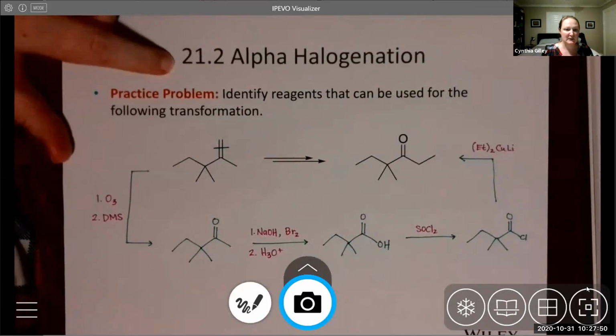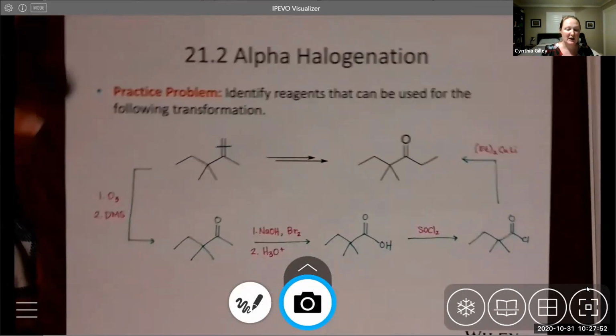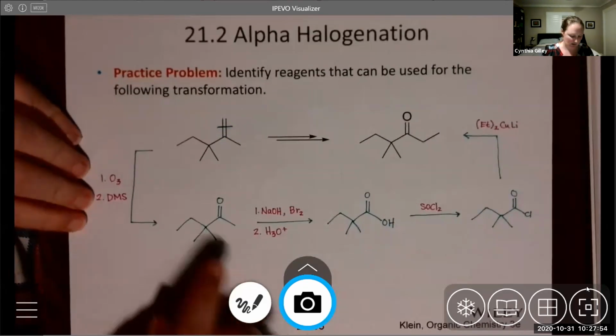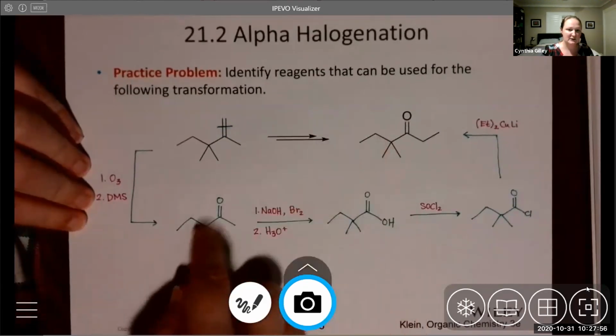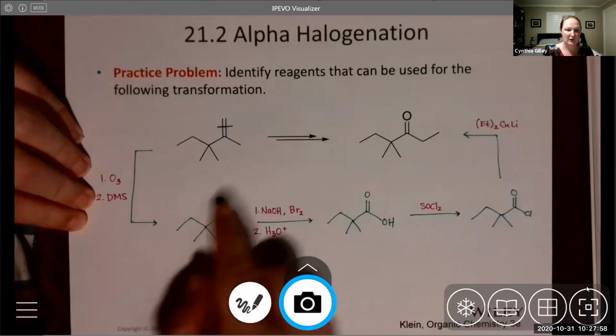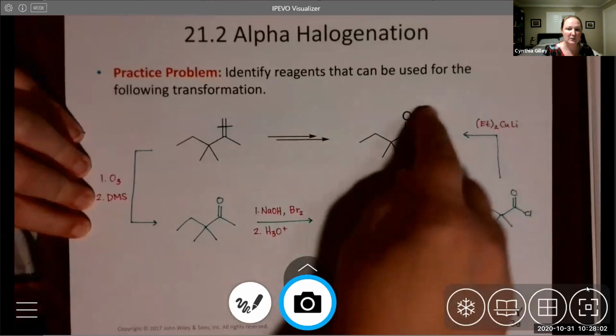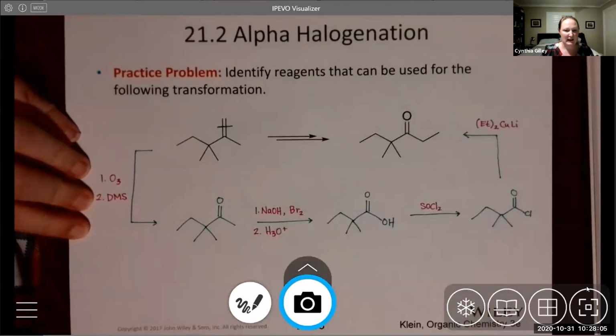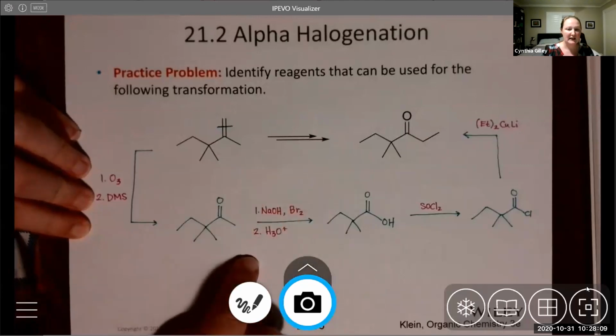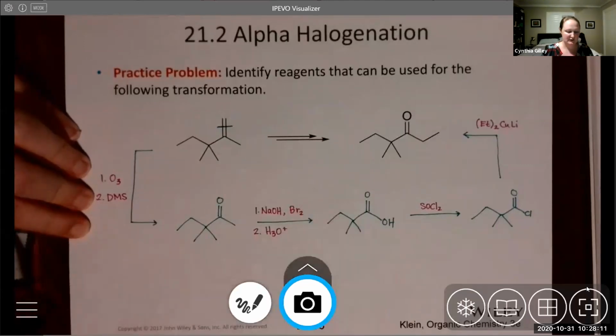But as you study this chapter further, you will note that there are other ways to go from a methyl ketone to an ethyl ketone. But this is one pathway that would work out, and it utilizes some reactions from this chapter and some review reactions from previous chapters.